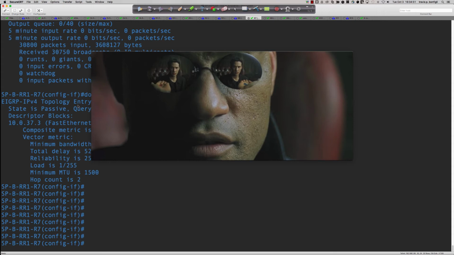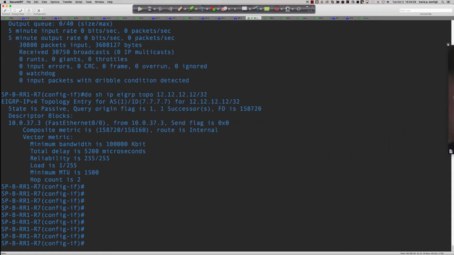So I warned you, if you're not interested in what I'm about to talk about, which is going to be the computed distance and how the feasible distance is not, as it's depicted in the text, the feasible distance. And I'm going to demonstrate for you why that is the case.